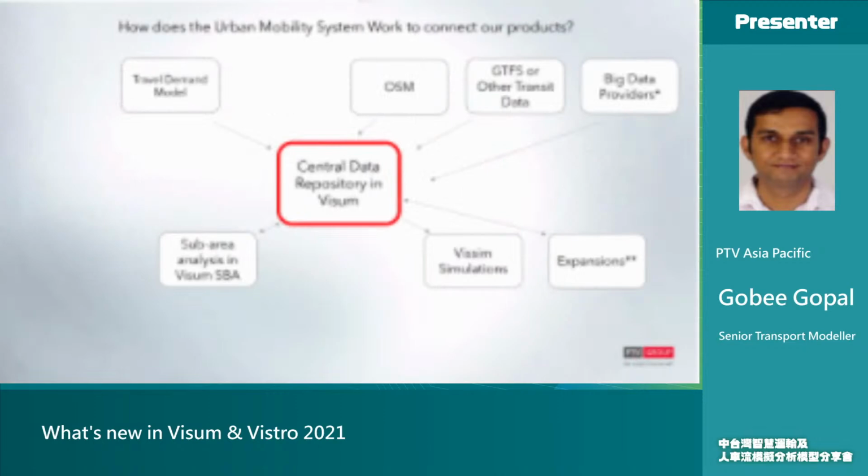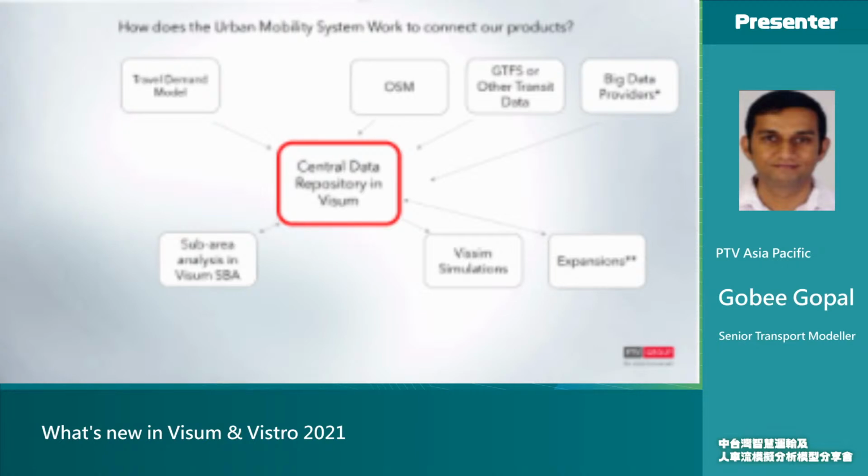So how does the urban mobility system work to connect our products, which are PTV products? As we all know, PTV Visum is not only a traffic modeling tool, it also functions as a transportation data hub. It keeps all the data. What data does it keep?